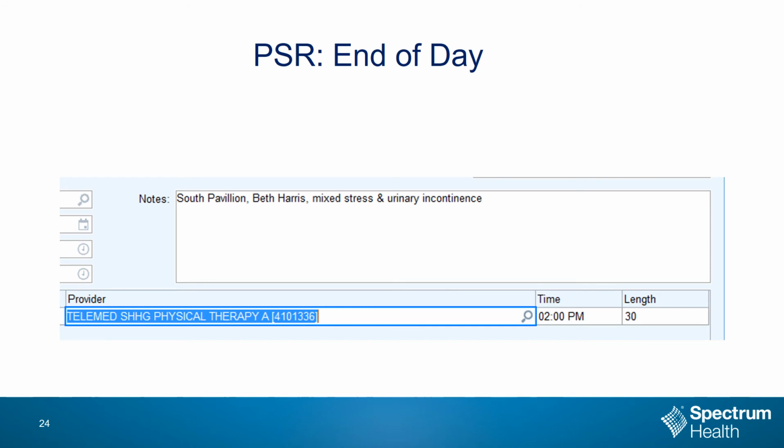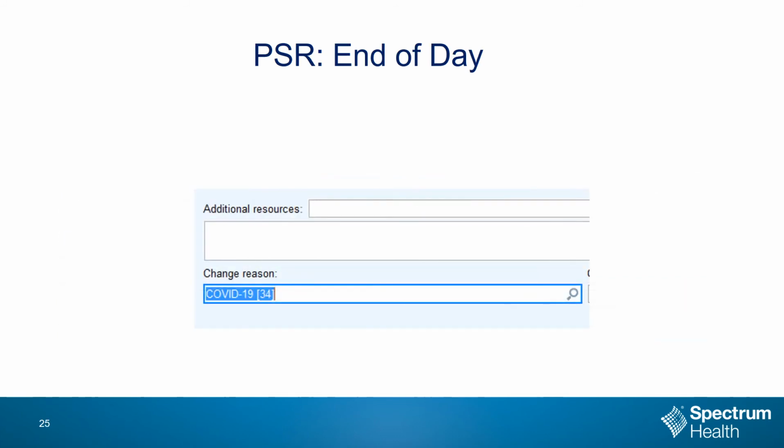Change the provider to the assigned virtual therapist where the patient is typically seen. Remember, your previous appointment notes will ensure the correct department and therapist. Your change reason, choose COVID-19, then click Accept. Once this is complete, you have successfully finished scheduling.